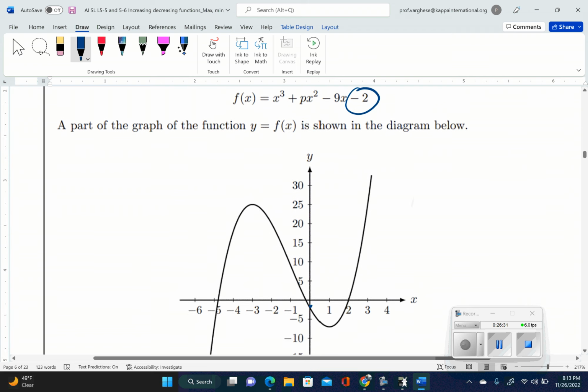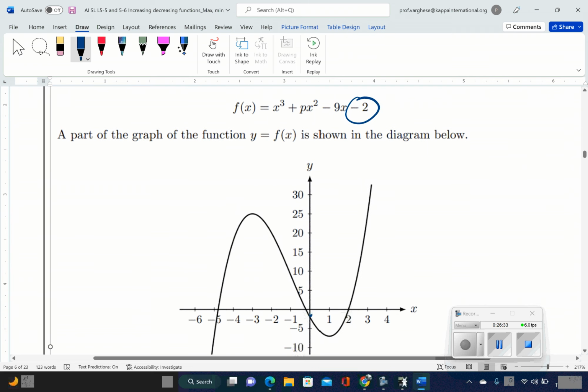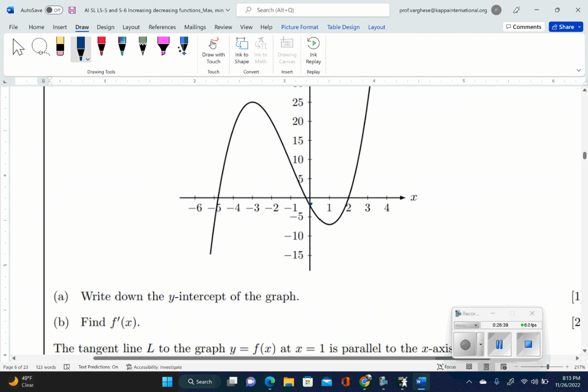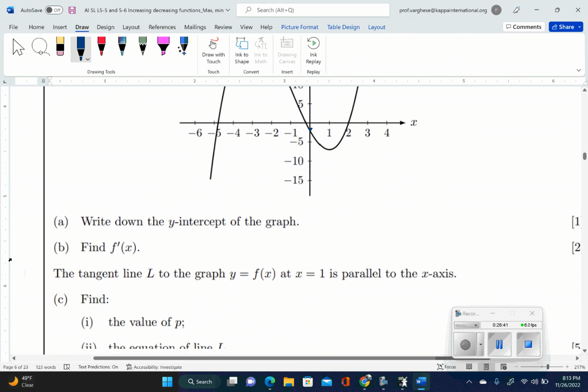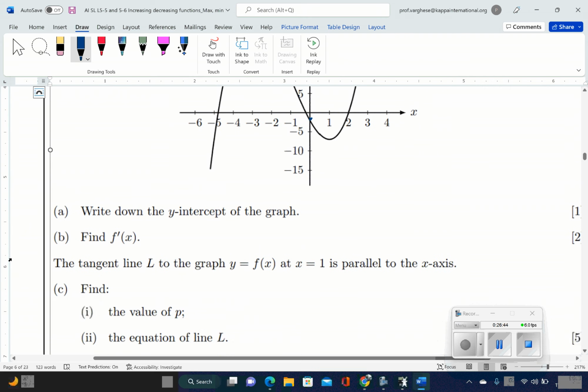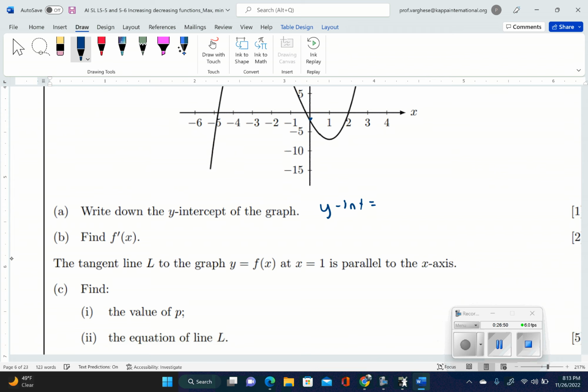I could also put in x is 0 for each of these and do it that way. Either way, I still get the same answer. Thank you for working with me. So if I plug in 0 for the x's into the original, I get my y-intercept at -2.